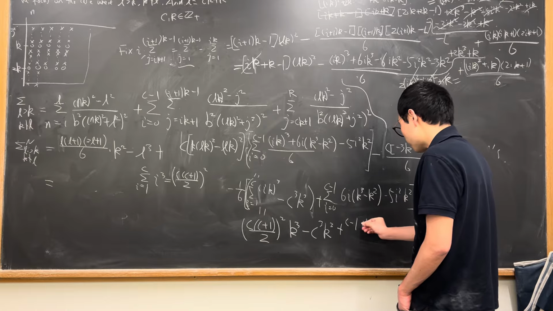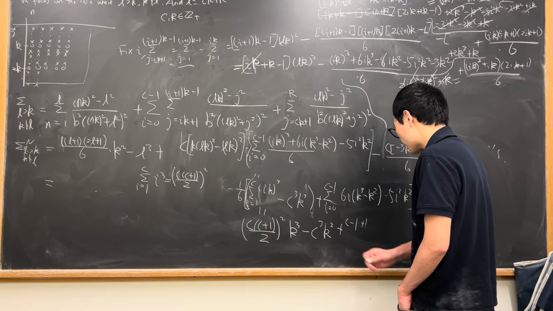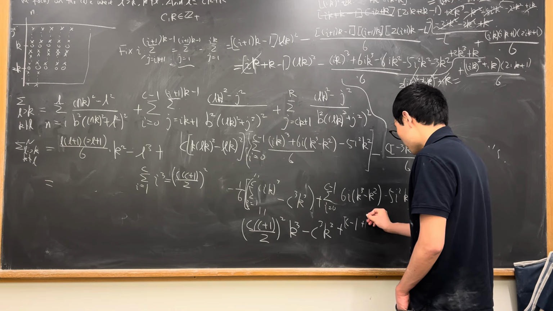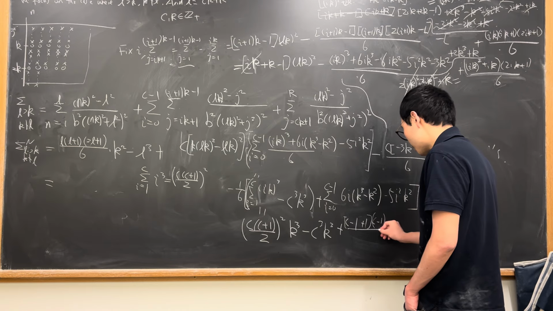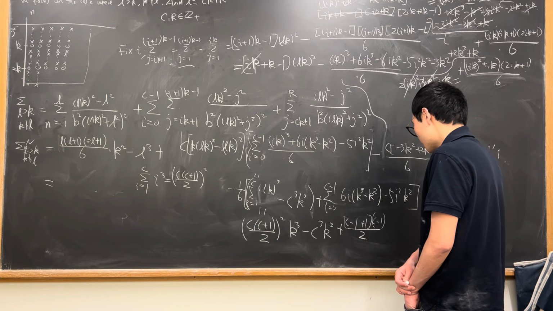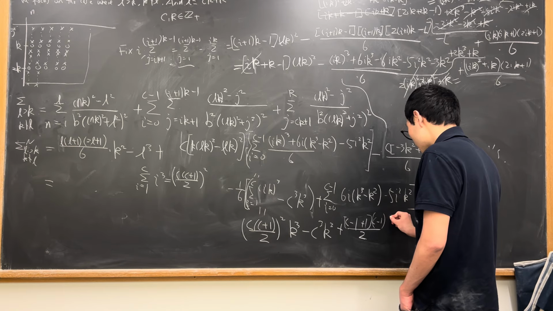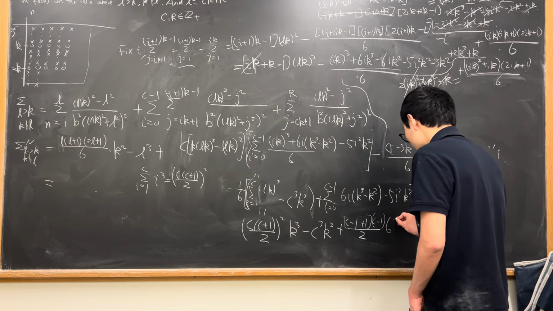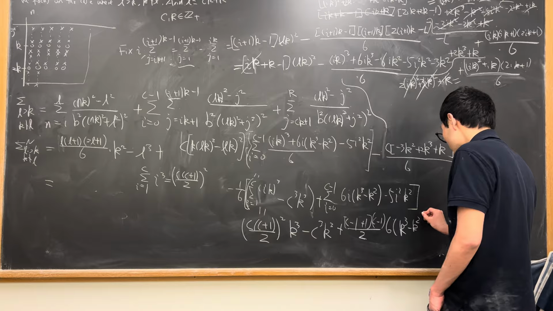So the first term plus the last term, times the number of terms, which is c minus 1, over 2, times 6 times k cubed minus k squared.